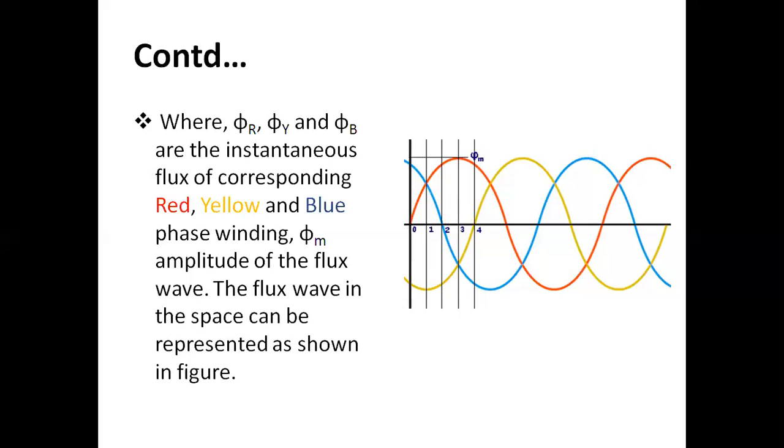They are apart from the R phase, and it is clearly seen that the blue phase and the yellow phase are 120 degrees apart from the red phase.